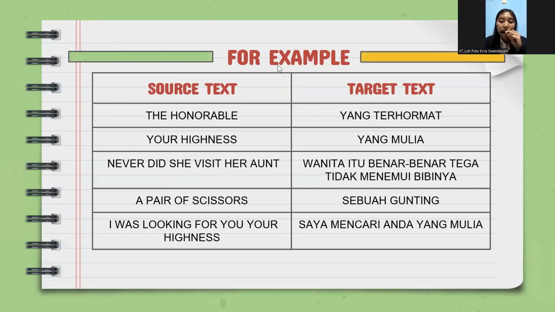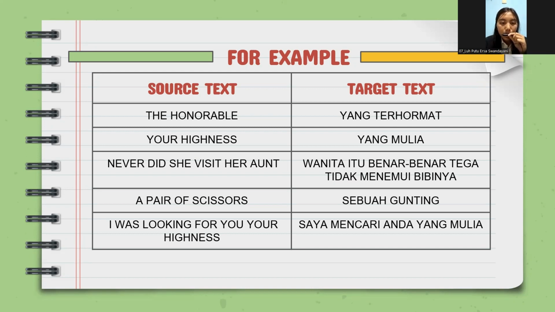So this is the example of compensation. You can see on the number 3, never did she visit her aunt in the source text, and in the target text is wanita itu benar-benar tega tidak menemui bibinya.